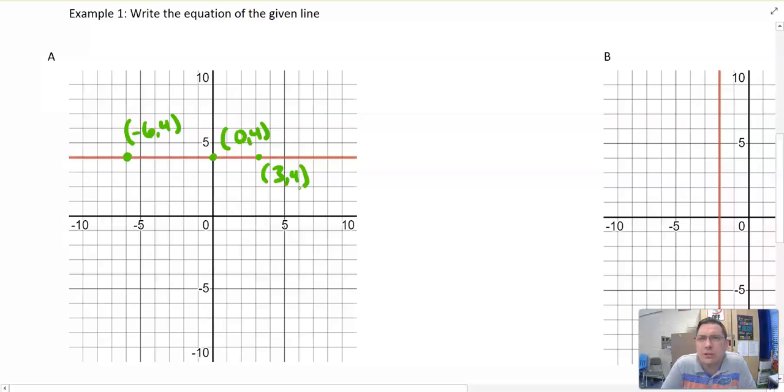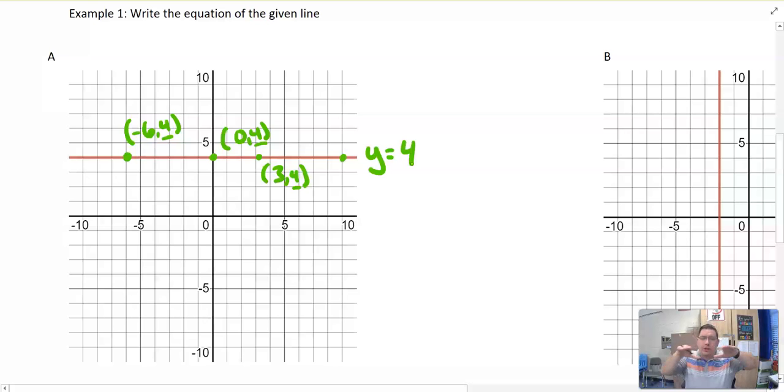What do you notice about those three ordered pairs? Well, if you said that all the y values are 4, you'd be correct. And so what assumption can we make about all the rest of the points along this line? That for every other point, the y value is going to be 4. And so the equation of this line is literally just y equals 4.